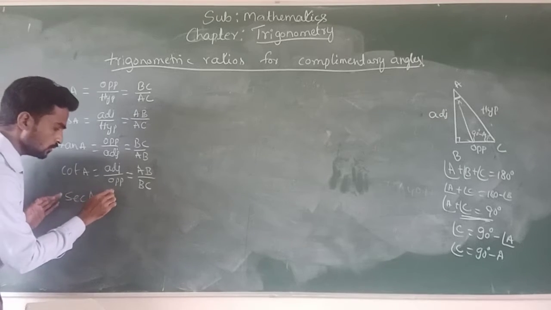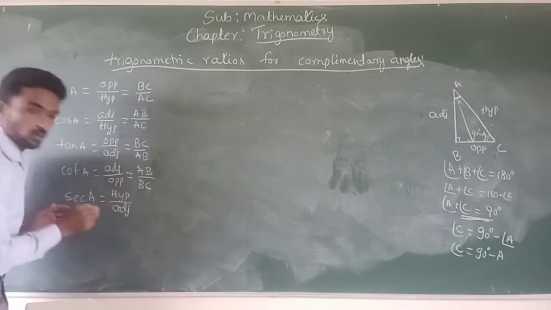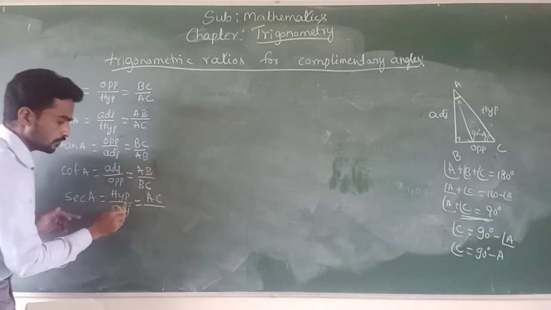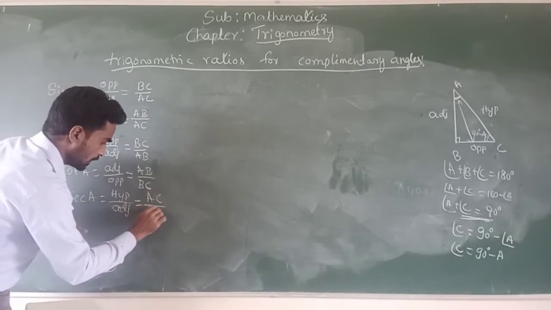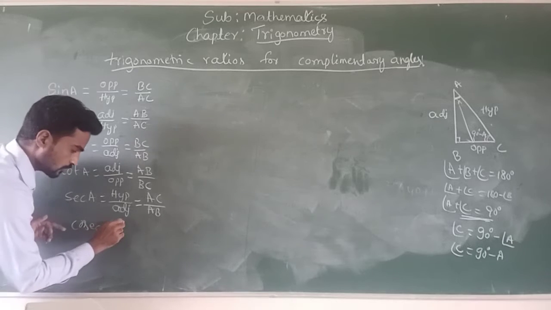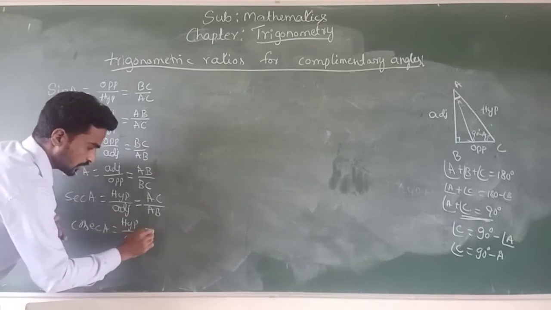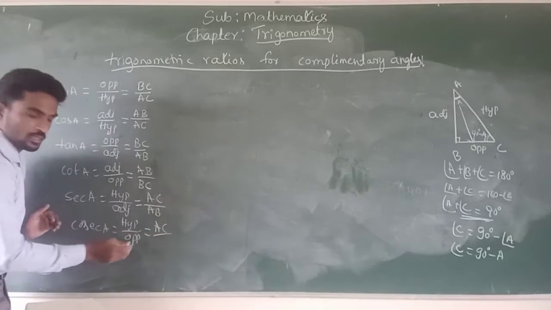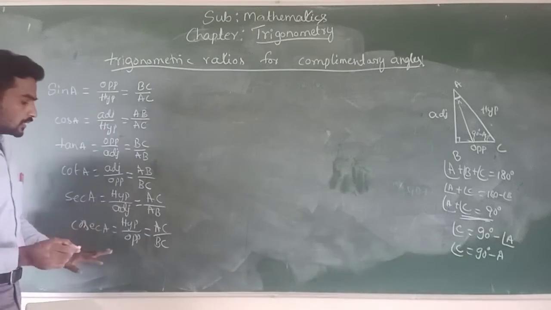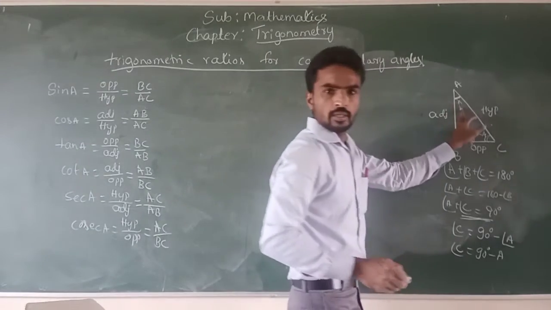Sec A is equal to hypotenuse divided by adjacent, that is AC by AB. Next, cosec A is equal to hypotenuse divided by opposite, that is AC by BC. These are the basic trigonometric ratios for angle A.